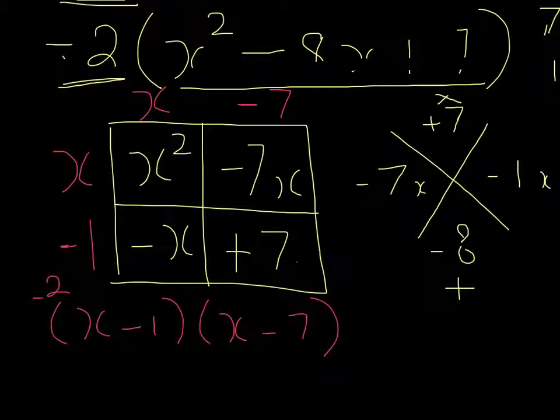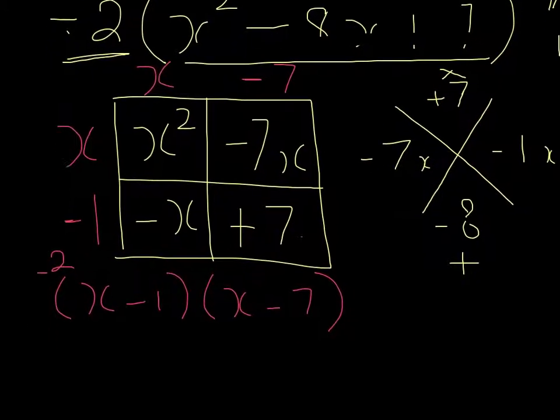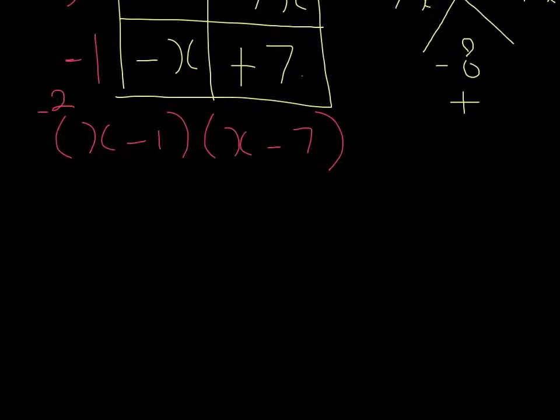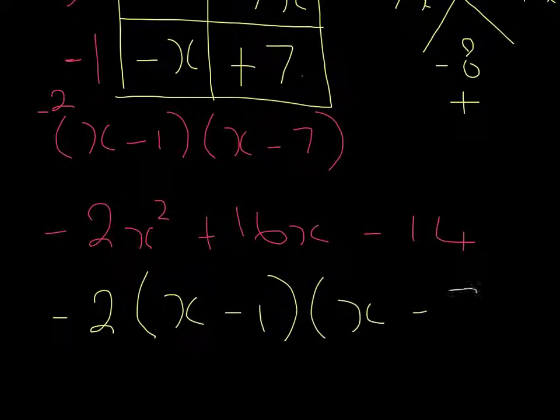So our answer for that original expression, which was minus 2x squared plus 16x minus 14, will be, remember our original factor that we took out was minus 2, and then we had x minus 1 and x minus 7, those bits that we got from our rectangle once we've taken out our common factor. Okay, let's try 1. Yes, got it, excellent.